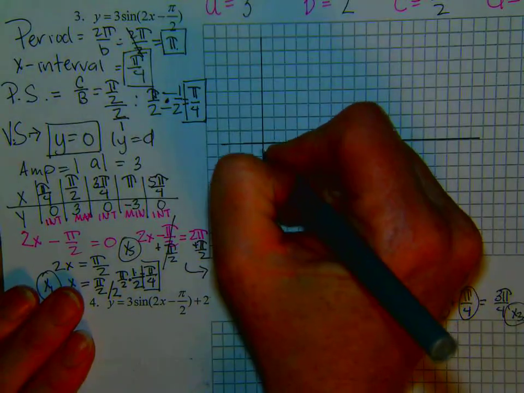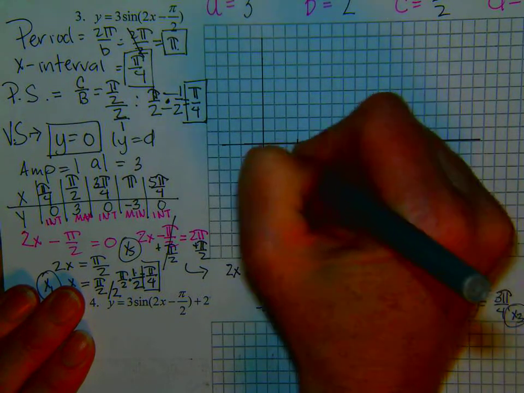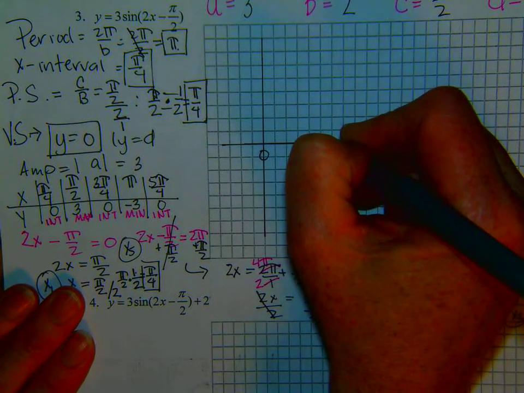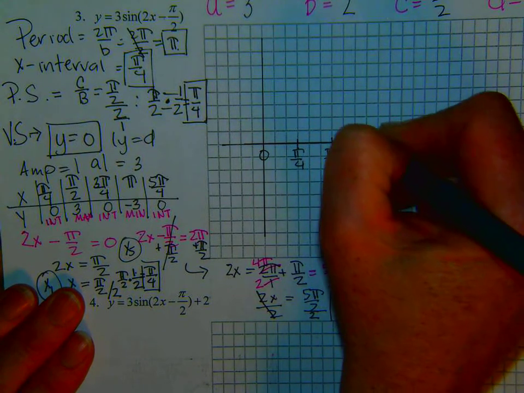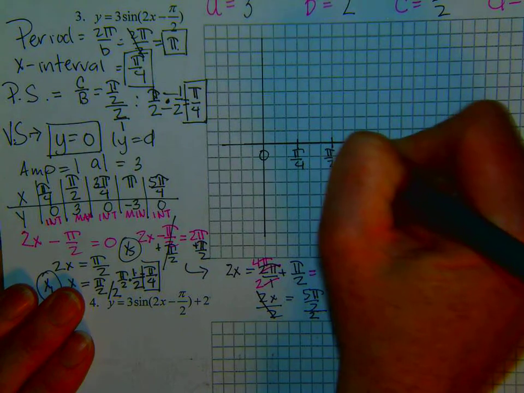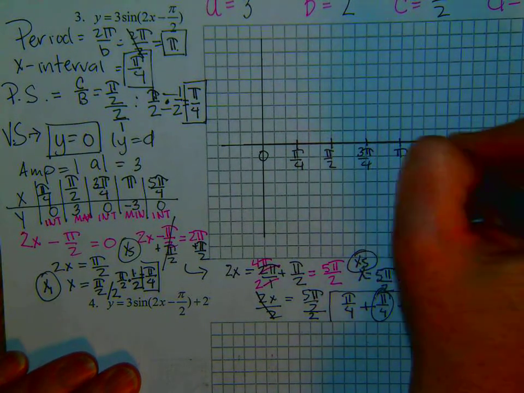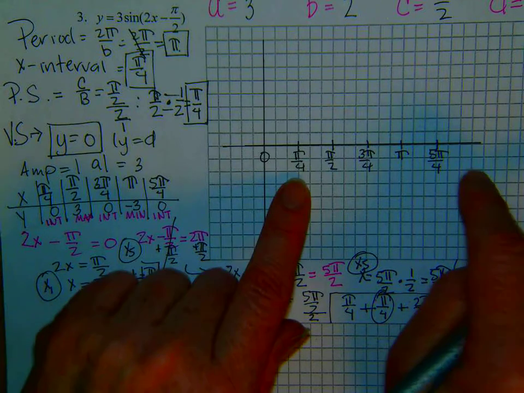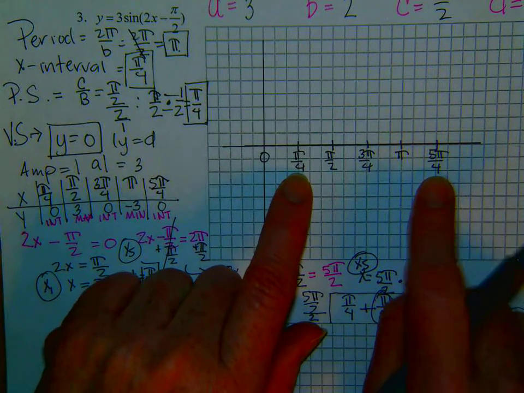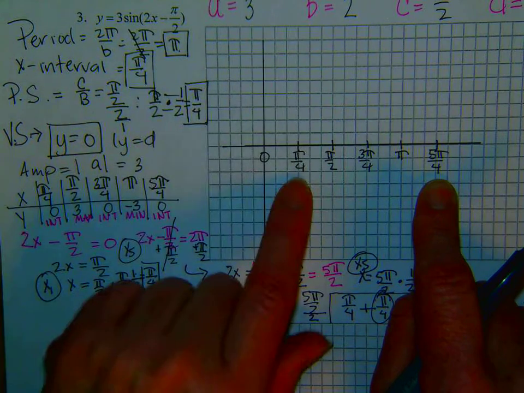So 0, we have pi over 4, we have pi over 2, 3 pi over 4, pi, and 5 pi over 4. I want you to notice that between our two intervals, between pi over 4 and 5 pi over 4, there is a distance of pi. That's our period.